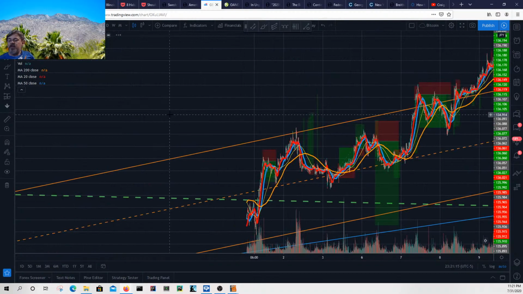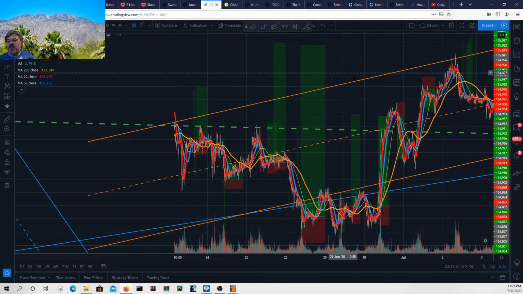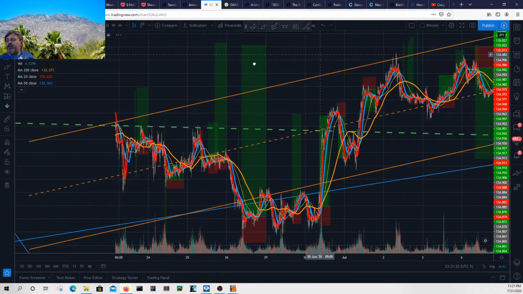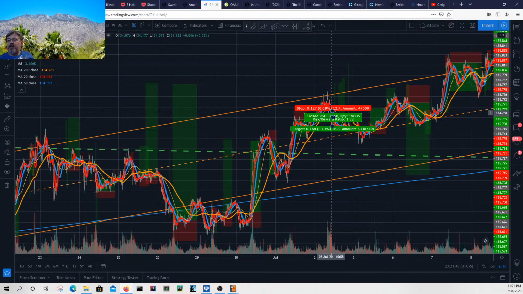I've lost my spot there, but you could see the 5 minute time frame. Before you take a counter trend trade, you might want to wait for the moving average to cross. So like in this case, it's going up, but if you were to short it here, which you could, just wait for that to cross.